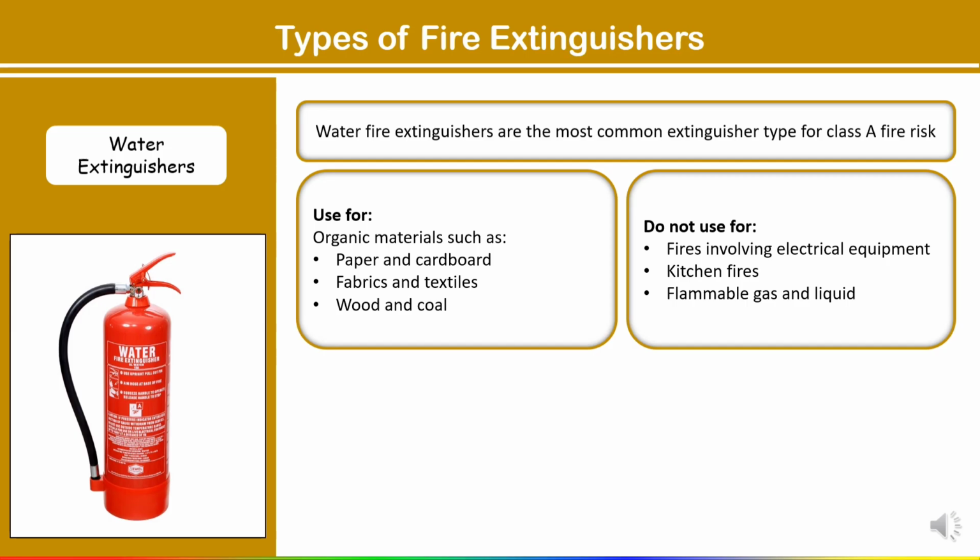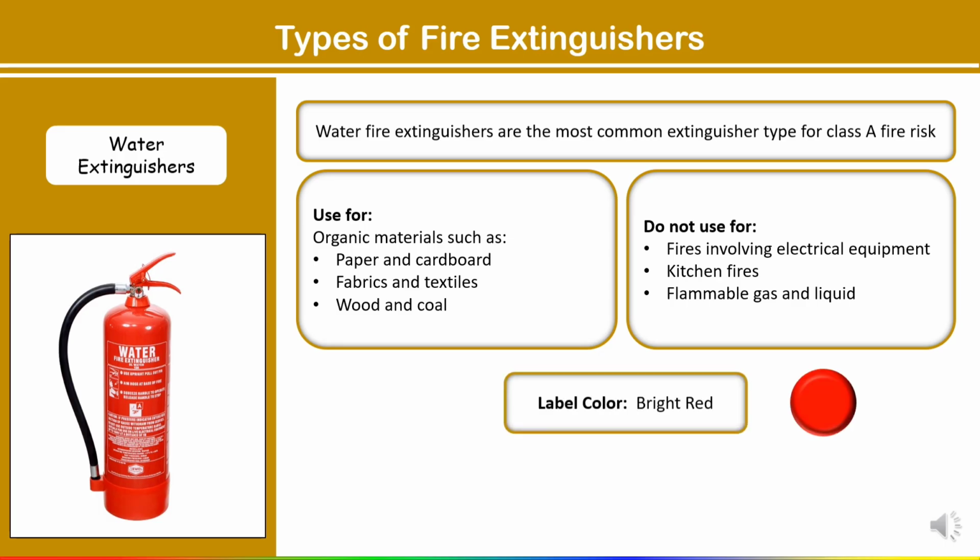So pouring water on a flammable liquid fire often results in the fire spreading over a wider area. So never use water for flammable gas or flammable liquid fires. Here, for the water extinguisher, you can see the label color is bright red.